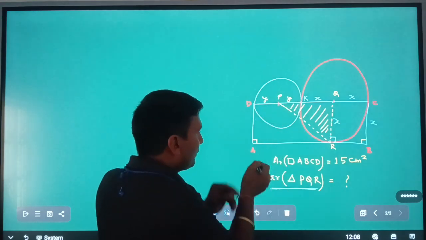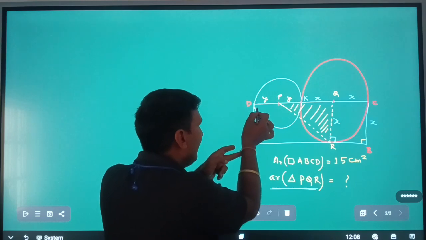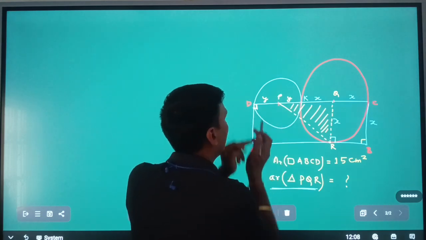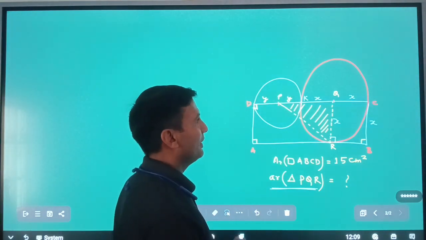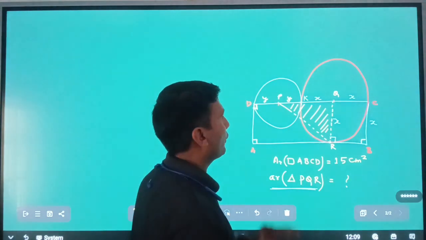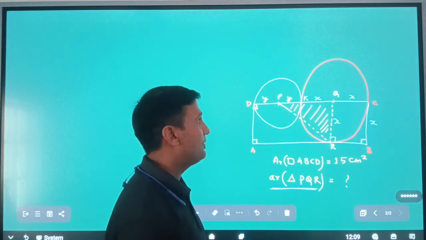Why so? Because this side AD is going to touch this circle, and the tangent is always perpendicular to the radius at the point of tangency.